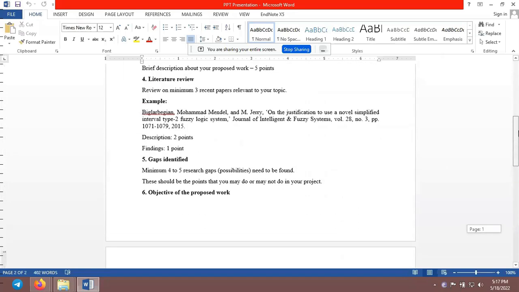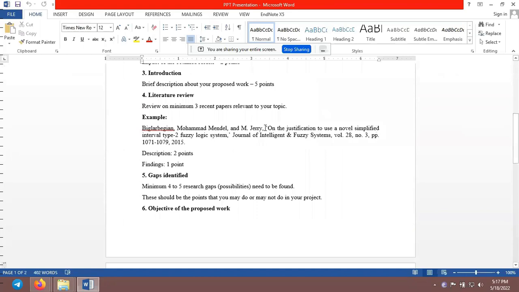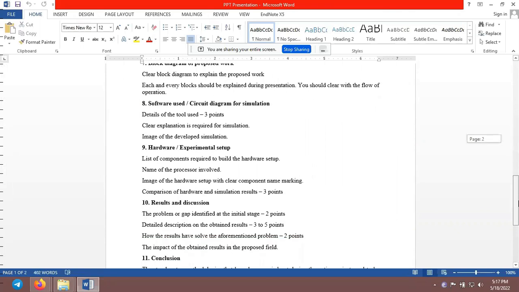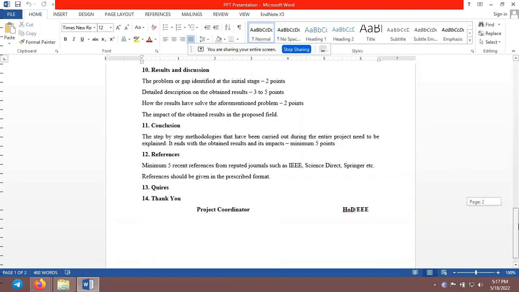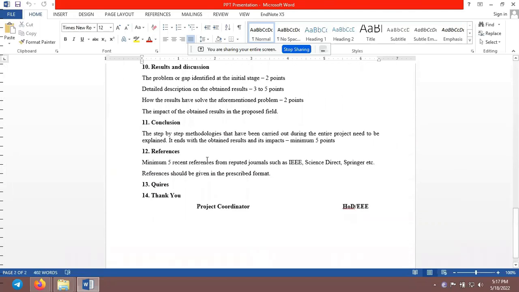This is the format: author name, a hyphen, the title in single apostrophes, journal name, volume number, issue number, PP meaning page number, and finally the year. The same format you should use for the references, and the papers should be from standard journals: IEEE, ScienceDirect, Springer, a lot of standard journals are there.